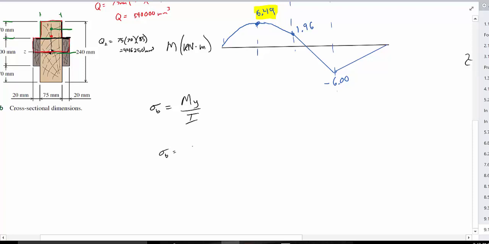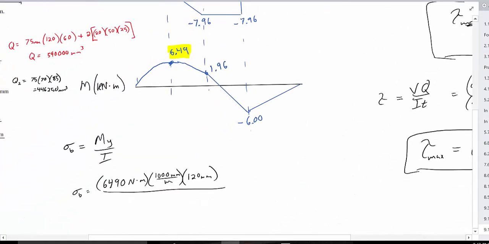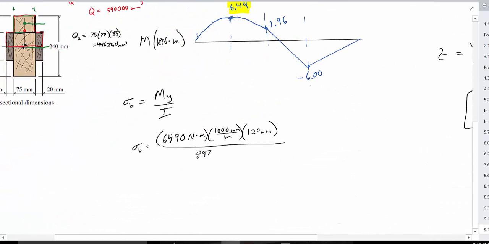So our stress sub B is going to equal 6,490 newton meters multiplied by 1,000 millimeters per meter, and then 120 millimeters divided by our moment of inertia, which is 897,333 millimeters to the fourth.